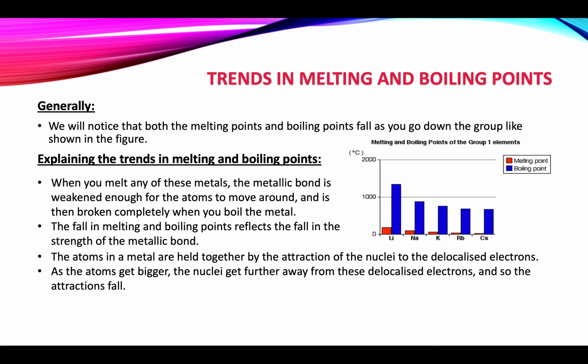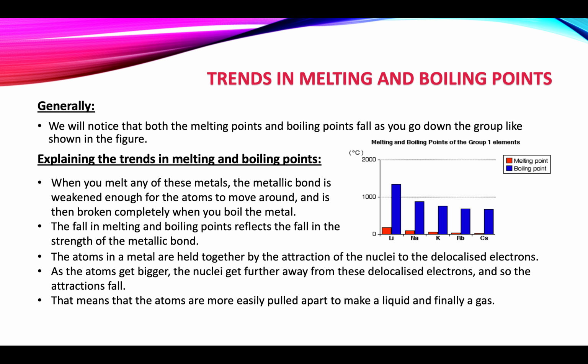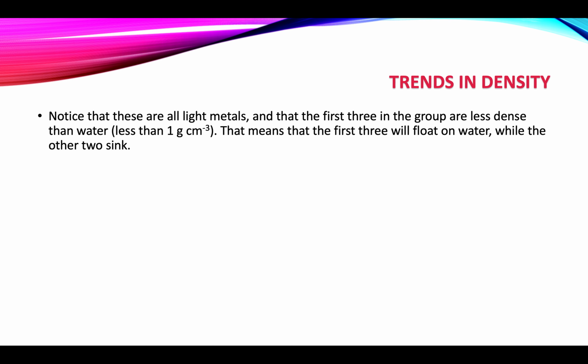As the atoms get bigger, the nuclei get further away from these delocalized electrons, and so the attractive forces decrease. This means that the atoms are more easily pulled apart to make a liquid and finally a gas.